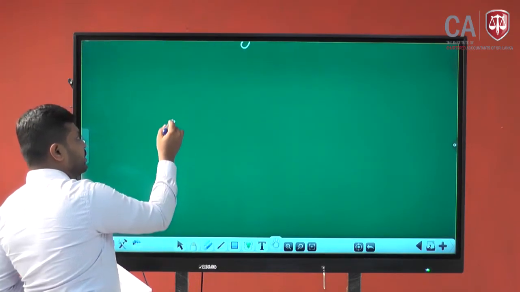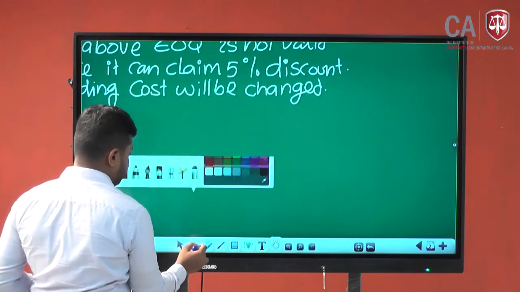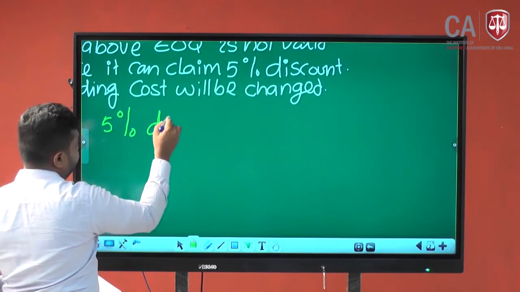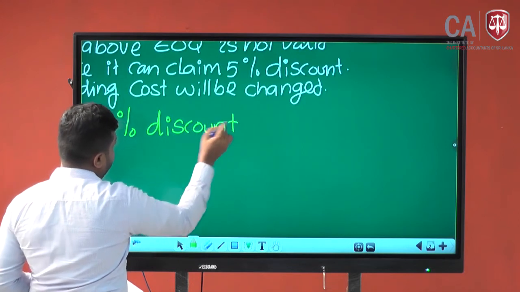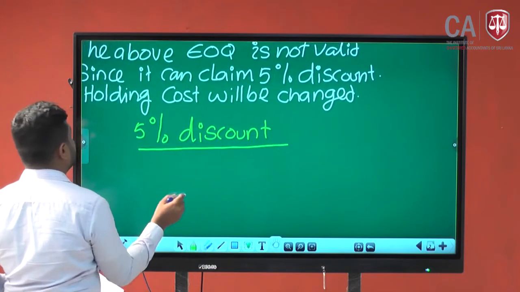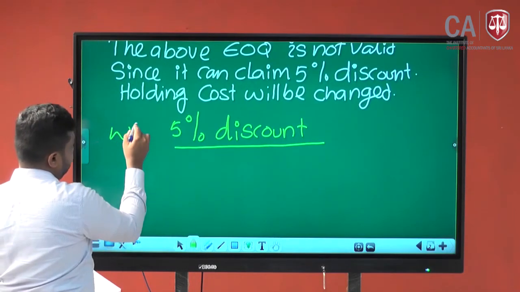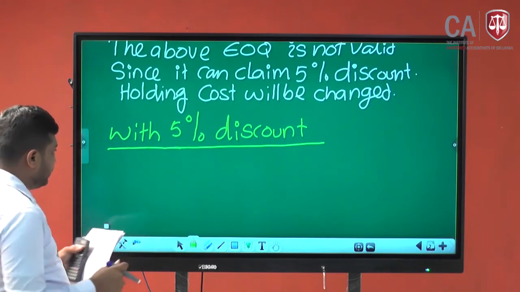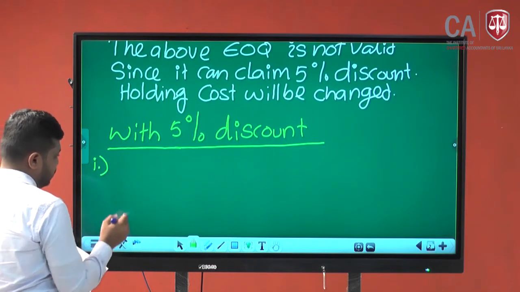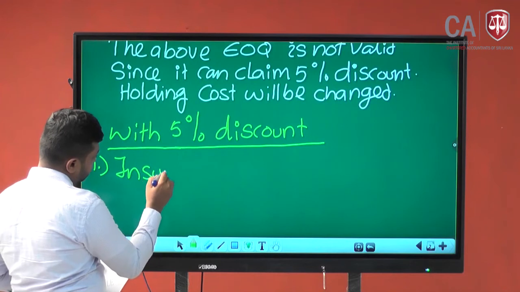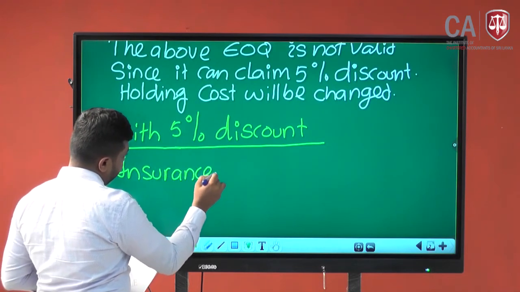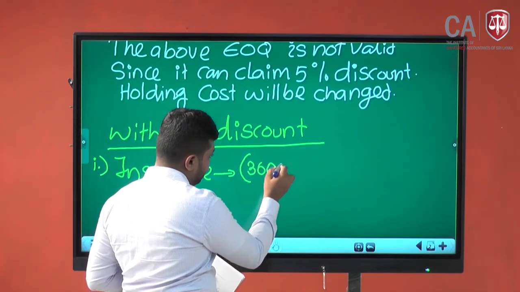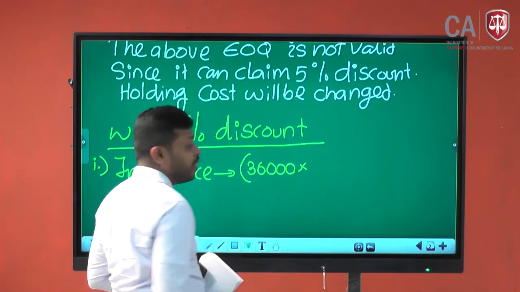With the 5% discount, calculate the holding cost. Insurance. The value will be current purchase price 36,000. You will receive a discount, 5% discount.